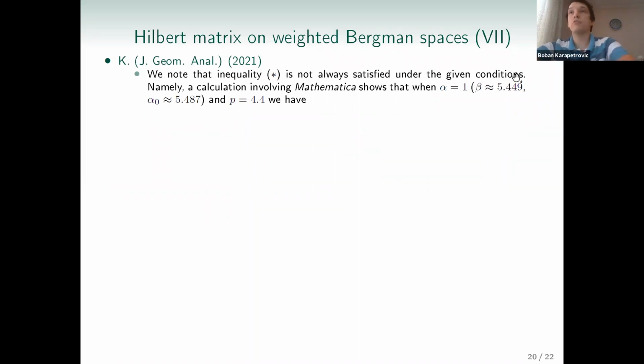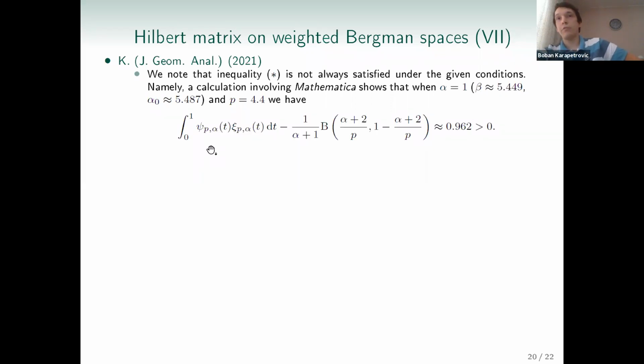And if we choose that p is equal to 4.4, so p is between alpha plus 2 and beta, then the left side of the star minus the right side is positive.